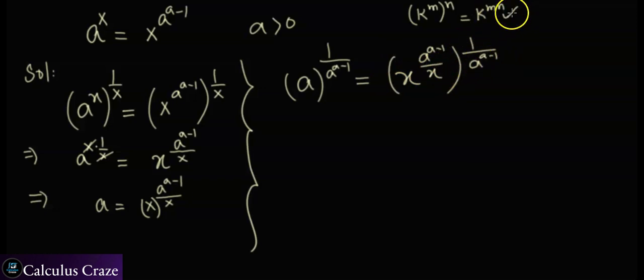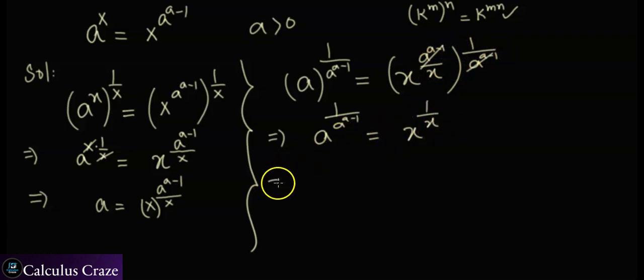Then again we will apply this rule. So then we get what? A raised to the power 1 over a minus 1 equal to, this gets cancelled with this, so x raised to 1 over x equal to this. Then I can write x raised to 1 over x equal to a raised to the power 1 over a minus 1.